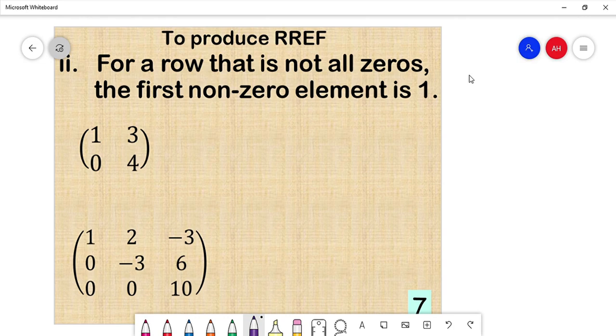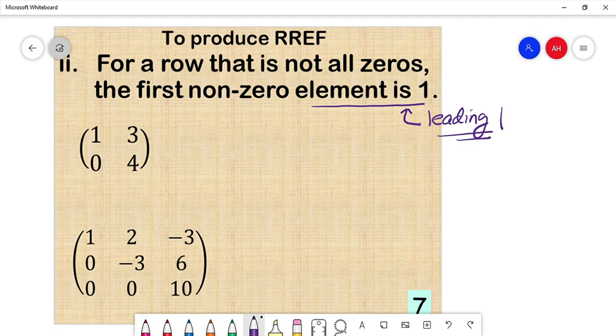For a row that is not all 0, meaning it is not a 0 row, for that particular row, the first non-zero element must be 1. And this number 1 is called leading 1. They have a special name for it. We call it leading 1.